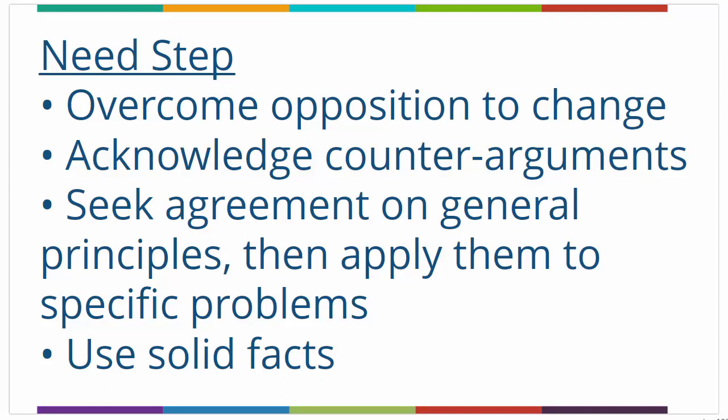You may not agree at this point on everything, but you can agree on a particular principle, that people should be fair, that if you work hard in anything, you should be able to see a commensurate reward. So you acknowledge the counter arguments, and you seek agreement on not specific but general principles.